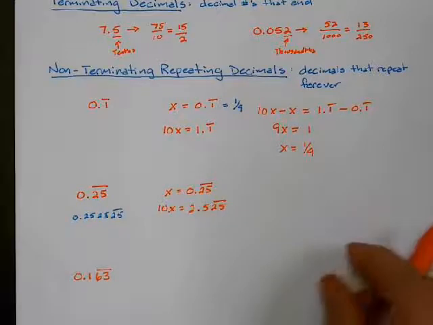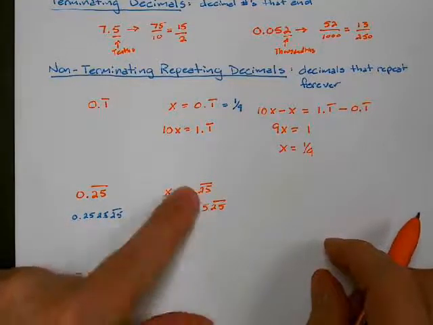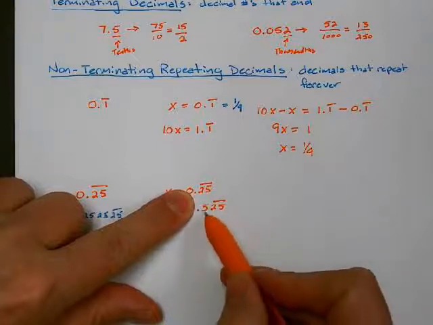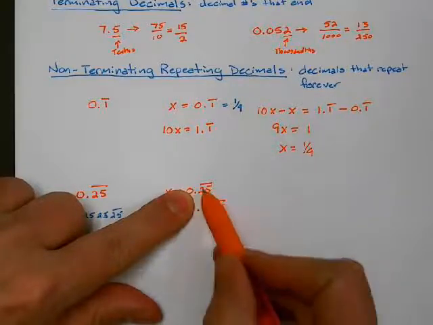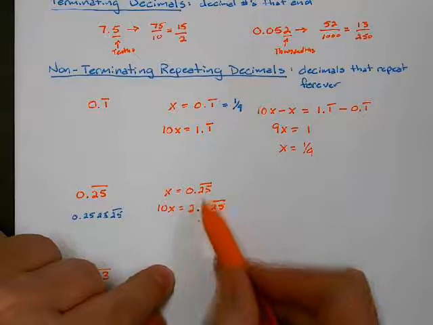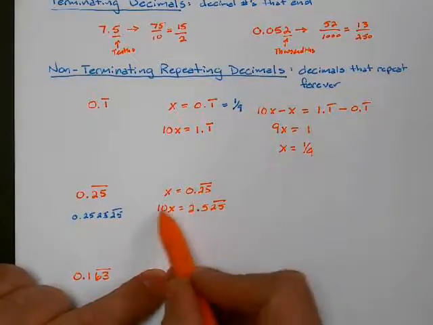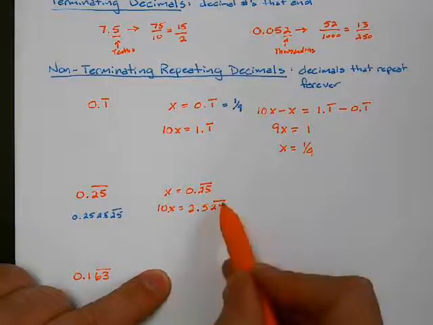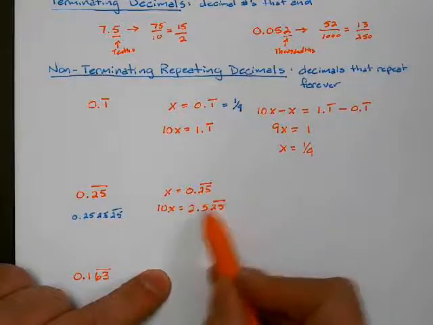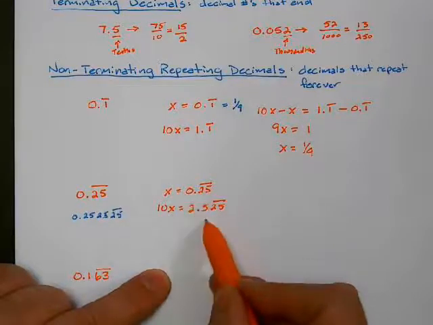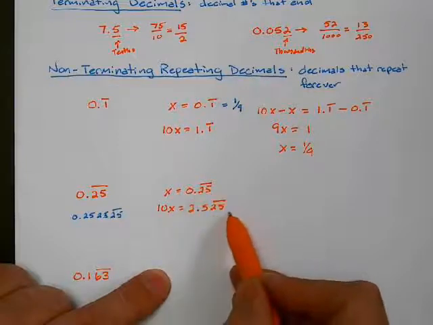Now, if I tried to subtract these two from each other, they don't match up, so I'm not canceling out the repeating portion. And that's really what we want to achieve with this second equation, is we want this repeating portion right up against the decimal place. And I don't have that. Because if I subtract these two, the 2.5 repeating is not going to cancel, and that's what I really want.